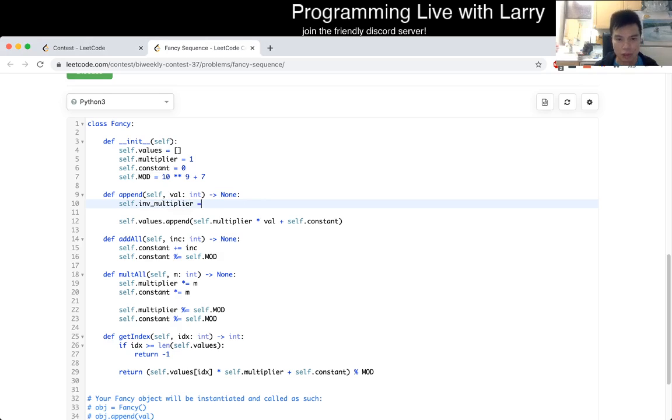There are some ways to do this, but it's equal to the mod power of self.multiplier and self.mod - 2. This is a little Fermat format, but we could have done it the other way as well.